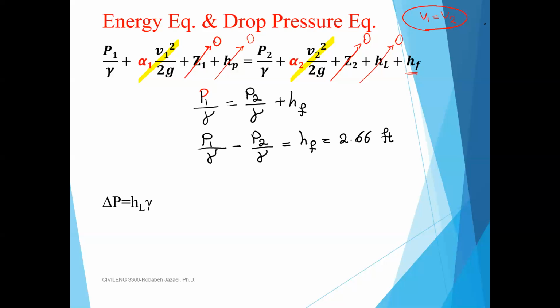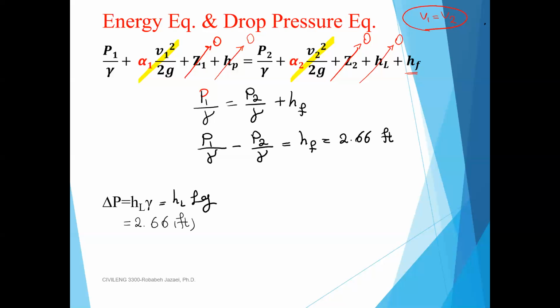But the equation for pressure drop is head loss multiply gamma. So we know the head loss. Head loss is 2.66 feet, okay? And gamma, or we can use, because we have the density, head loss times rho g.